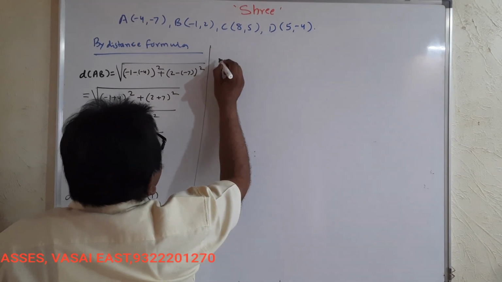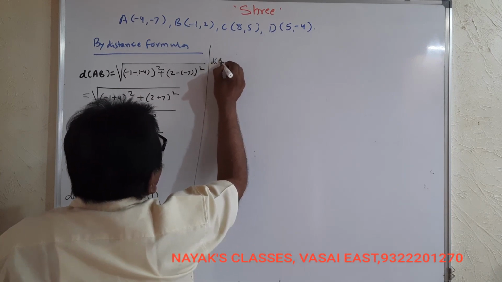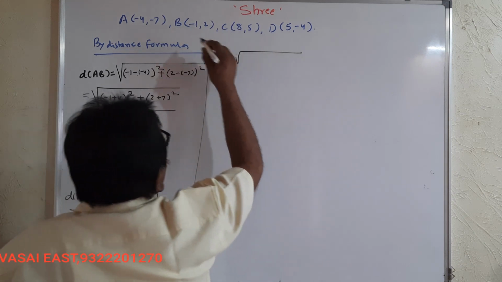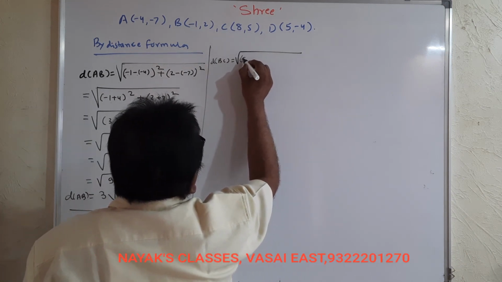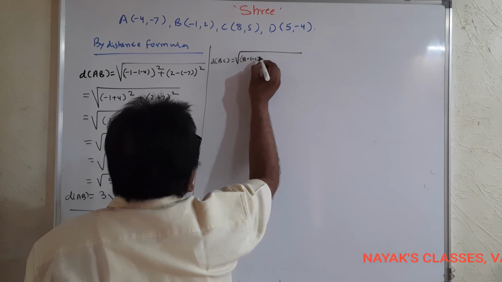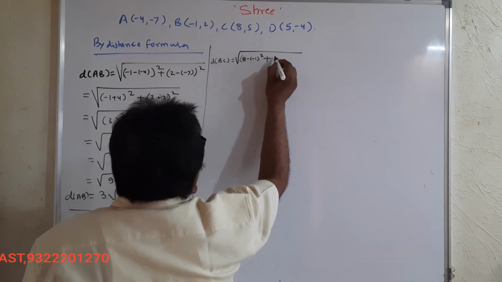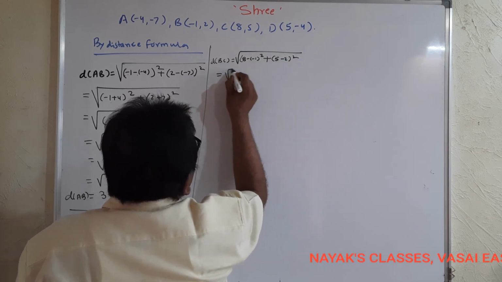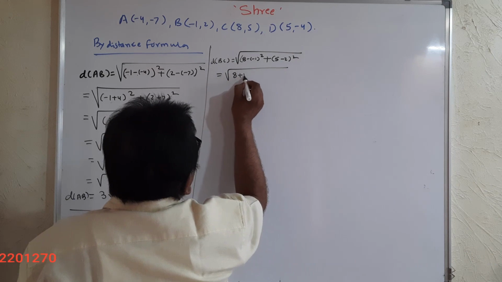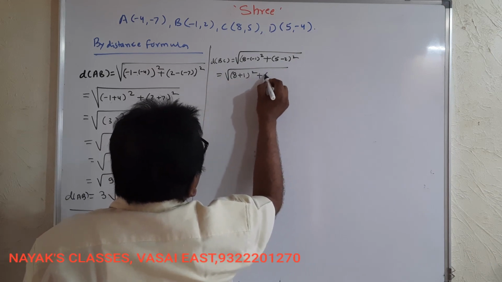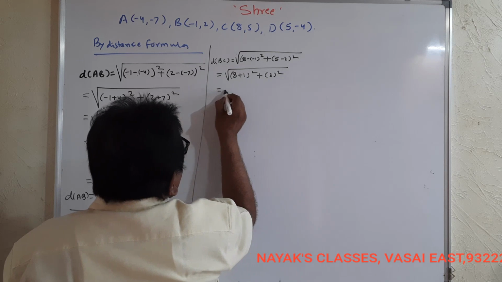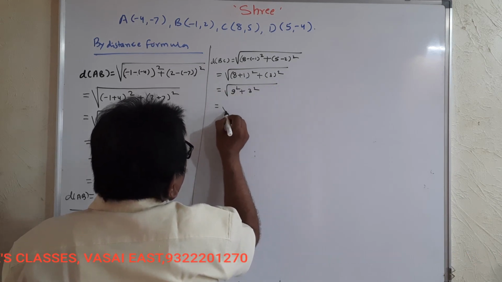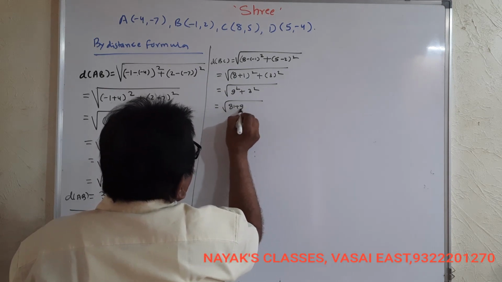Now distance BC equals under root (8 minus 1) the whole square plus (5 minus 2) the whole square, which is equal to (8 plus 1) the whole square plus 3 the whole square, which is equal to 9 square plus 3 square, which is 81 plus 9.